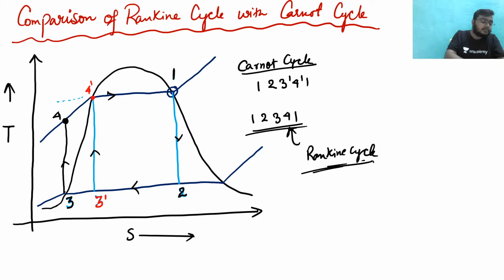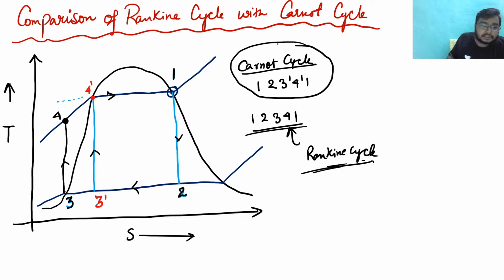So in these things, if I calculate the efficiency of a Carnot cycle, then I can say simply that efficiency is nothing but 1 minus T2 by T1, where this temperature is T2 and this temperature is T1.